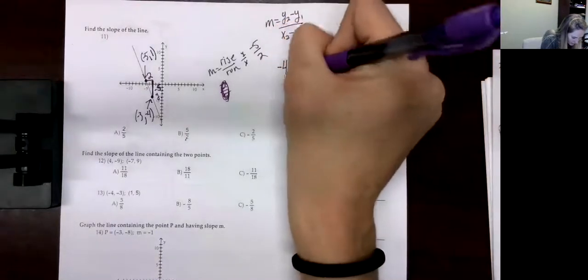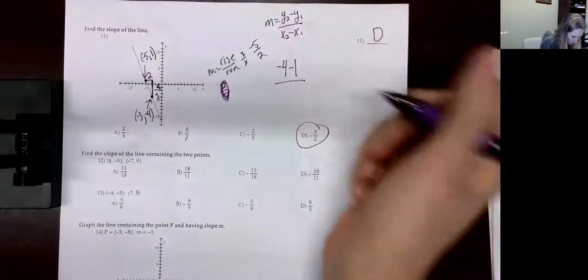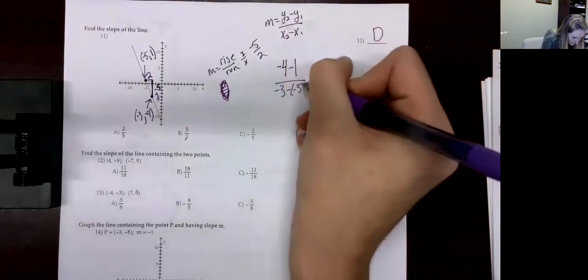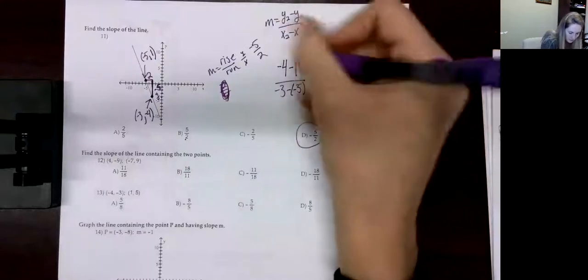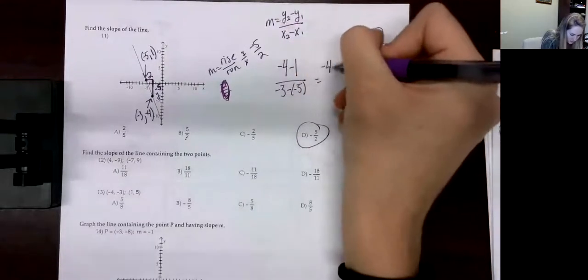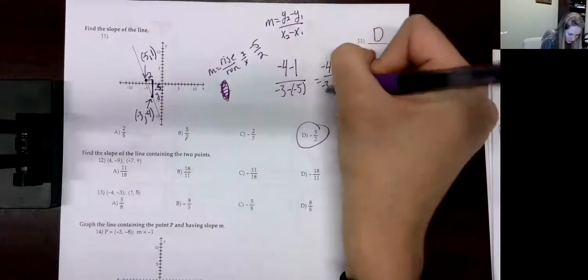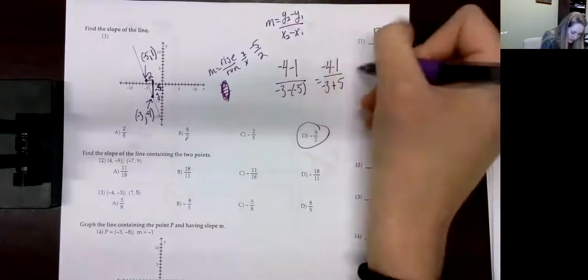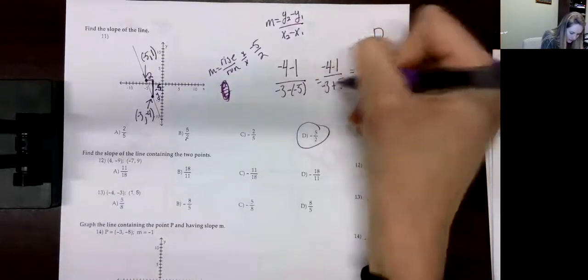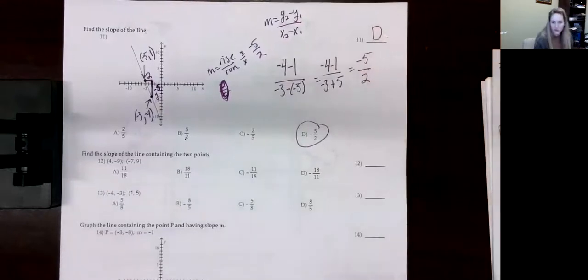So we can do -4 subtract 1 over -3 subtract -5. So we'll rewrite this real quick so that I can put +5 because you can't subtract a negative. And then we'd have -5 over, -3 plus 5 would be 2.